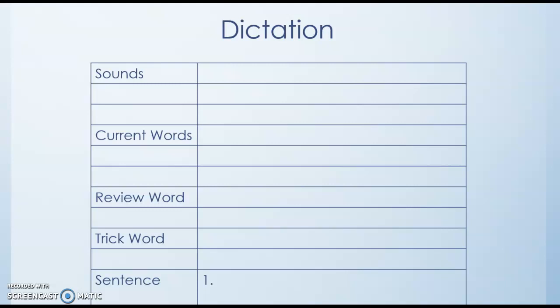All right, current words. Remember, these are 2-syllable words. So sometimes it helps to break them in half when you're sounding them out, or break them by syllable and spell each syllable. First one is hab it. Habit. Habit.